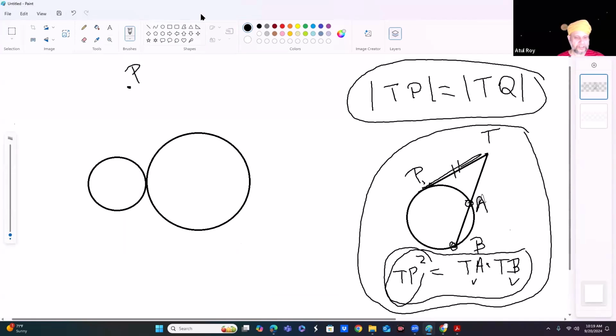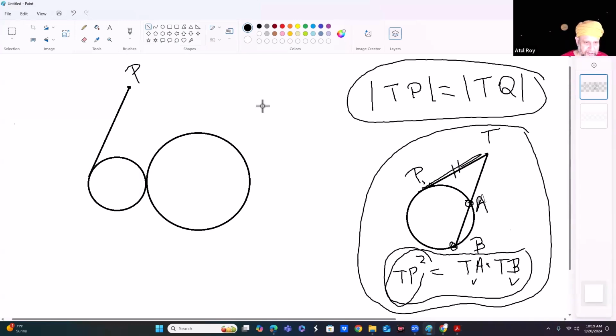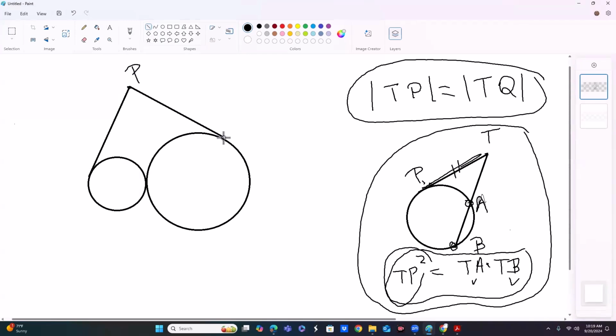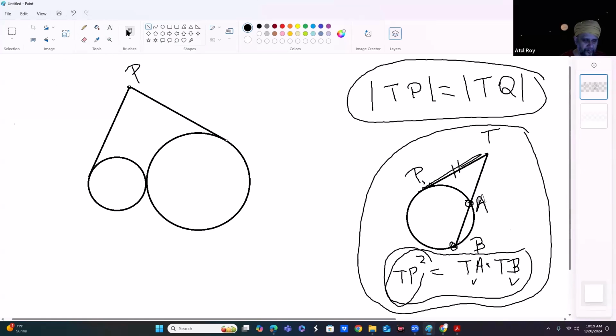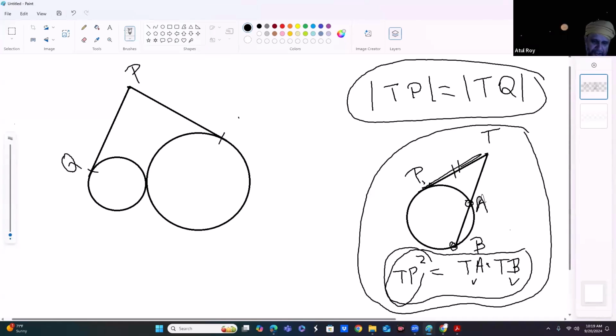And what they are asking us to do is this, that here I'm drawing a tangent here, right? And I'm drawing a tangent here. All right. So they are calling this Q, right? And they're calling it R. Okay.